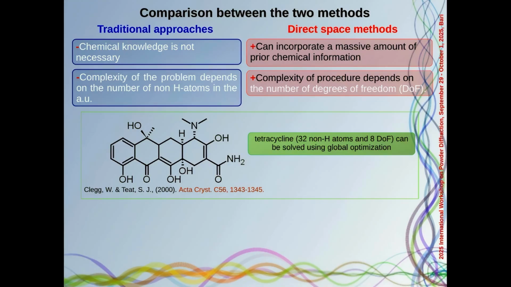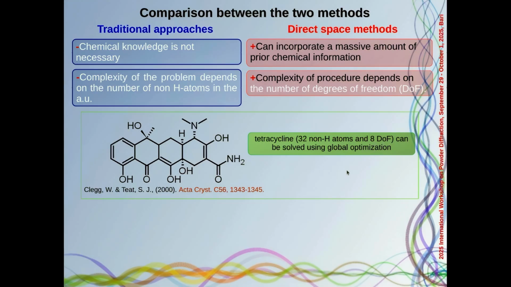This means that you can solve big structures using direct space methods, but if this big structure contains only a few degrees of freedom, this is an example. This structure could be difficult to solve using the direct method, but can be easy to solve using real space methods, because we have only 8 degrees of freedom. So it's a simple problem.